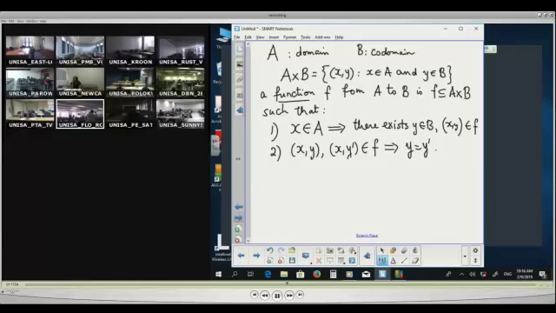Whenever X belongs to A, there exists a Y in B such that XY, that means XY in F. So as I said, thinking of XY in F to mean the black box representing F takes input X and produces output Y. Okay? So the first statement says every member from the domain, which is the set of inputs, the black box takes it and produces the output.